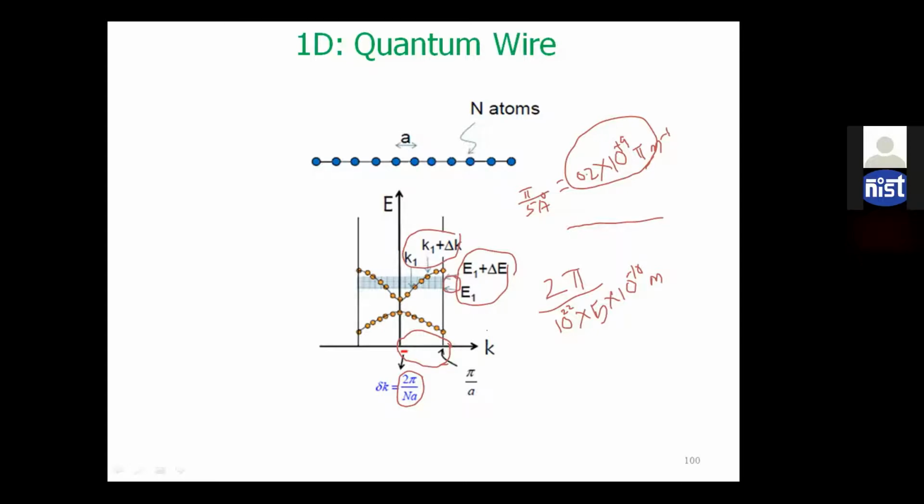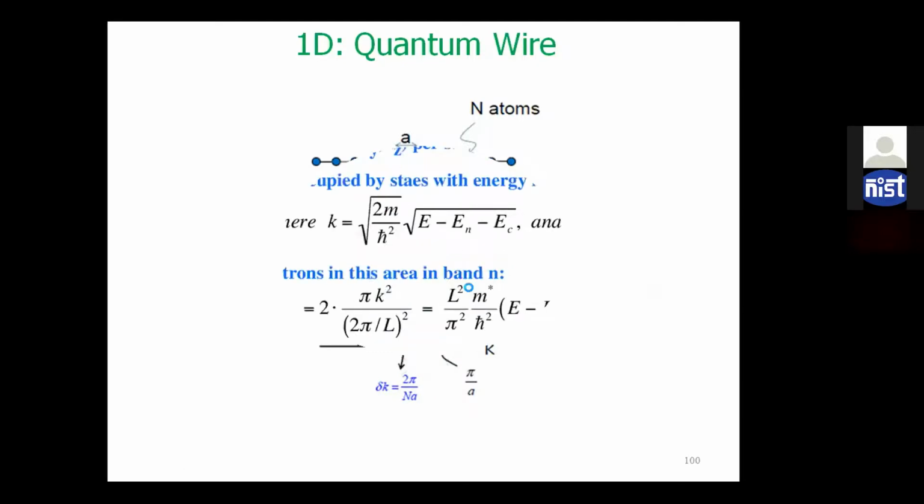If we consider K space, take K1 and K1 plus delta K, and count the states within. It depends on our analysis whether we consider energy space or K space.